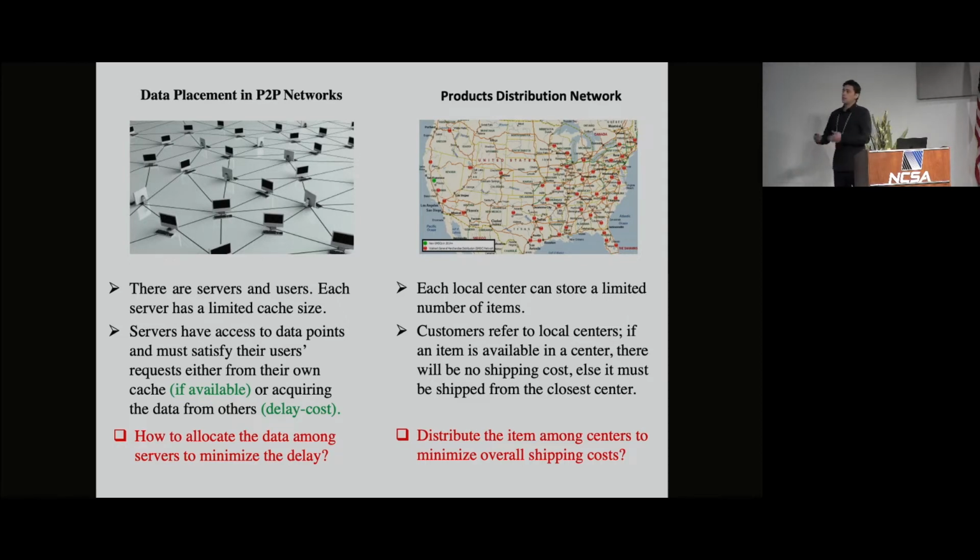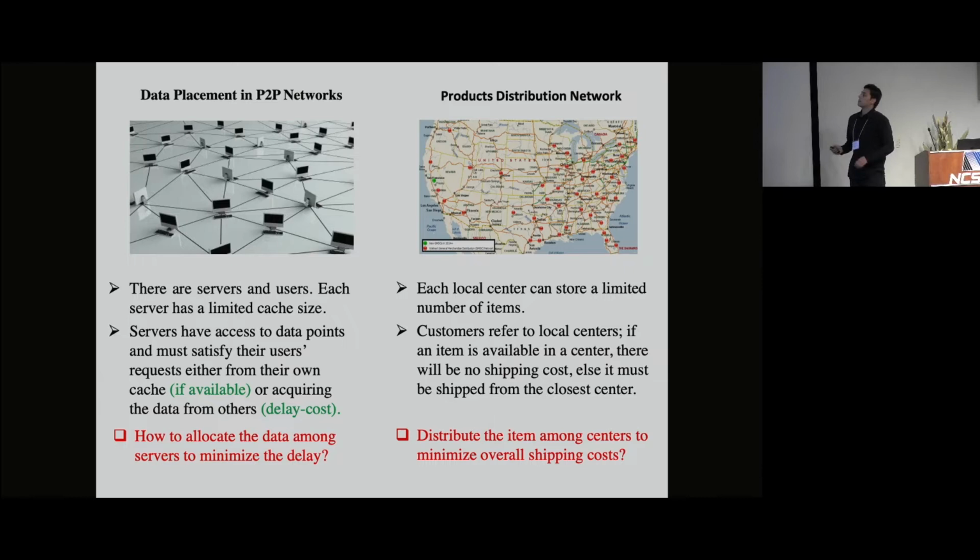By that, I mean that when new servers are going to join the network, you have to decide how to fill their cache. Or when you are going to open a new local center, your question is what items to store in the inventory of that local center to minimize the overall shipping cost. Okay? Moreover, if you look at the second example, you can assume that the access cost satisfies some metric property because the local centers are in a two-dimensional Euclidean space.